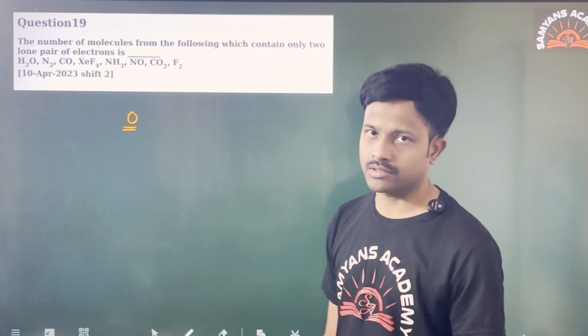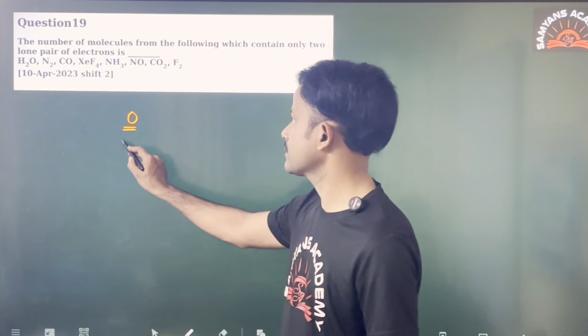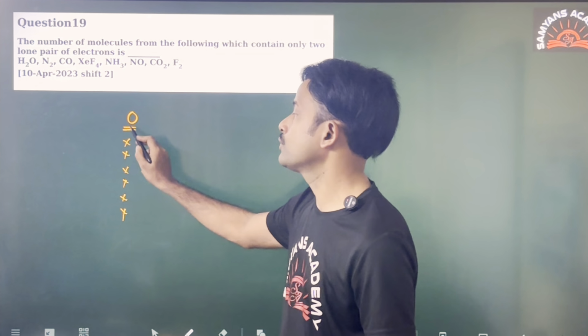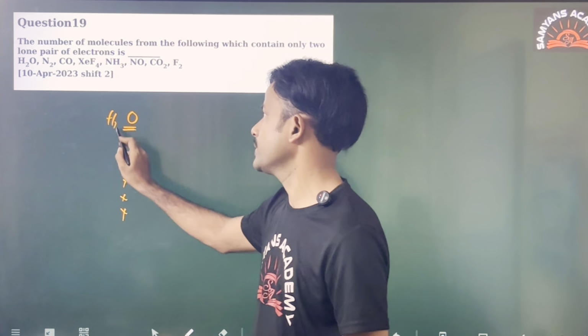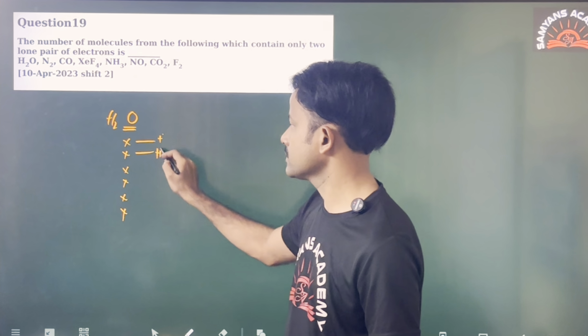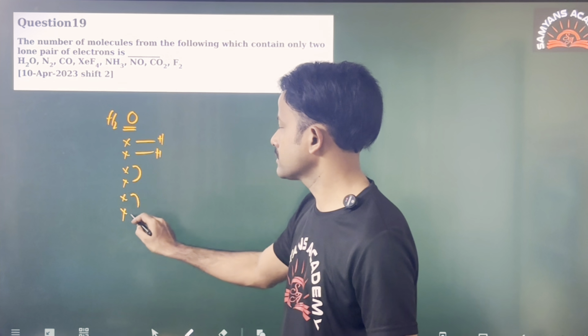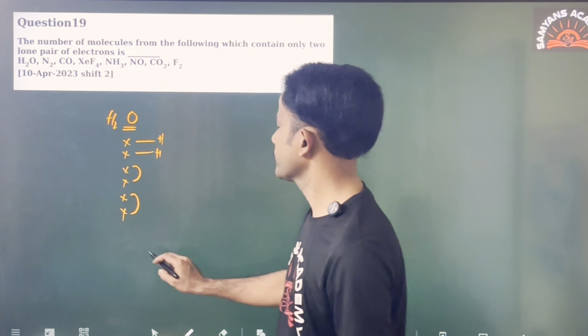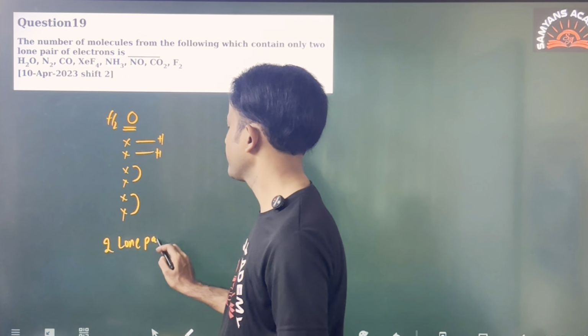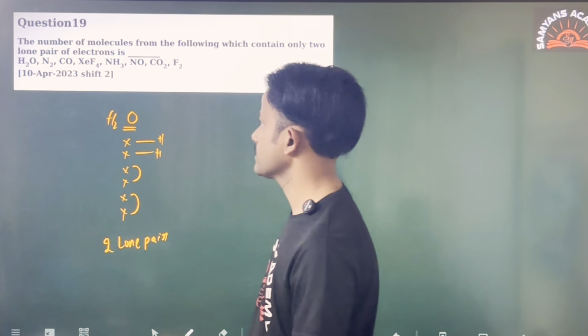As per chemical bonding, oxygen belongs to the sixth group. You put 6 electrons. Here we have two hydrogens, H2O, meaning two hydrogens bonded with 2 electrons of the oxygen. So H2O has 2 lone pairs. Oxygen has 2 lone pairs.